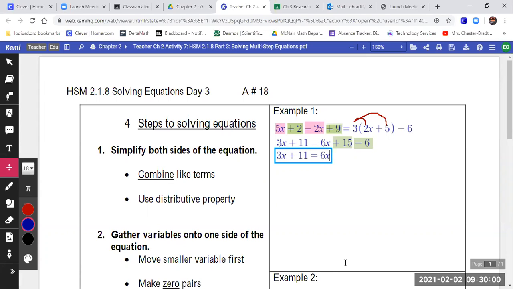But the other one says a positive 15 with a negative 6. Are those the same sign? No. So we subtract and keep the sign of the big one. What's the sign of the bigger one? We're over here on the positive 15, negative 6. What's our bigger sign?